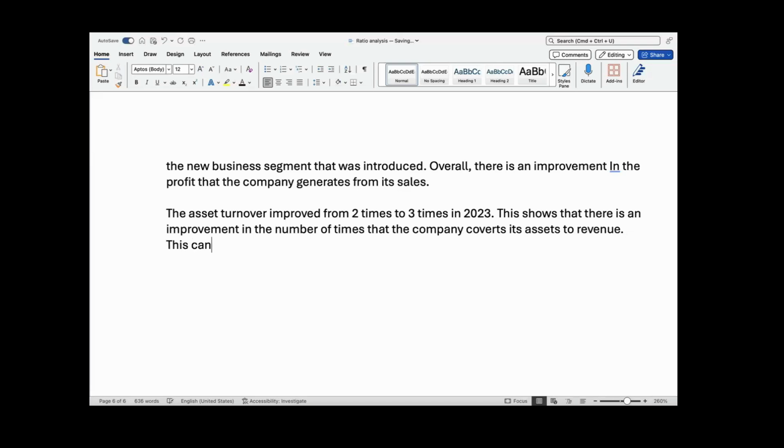And this can also be attributed to the new online shops and SOCH contracts.